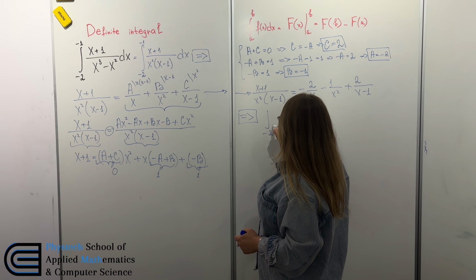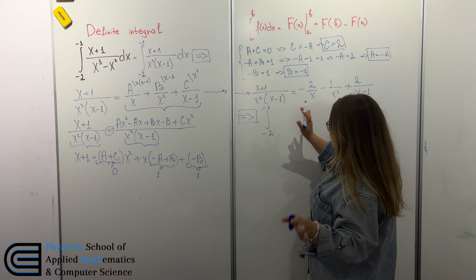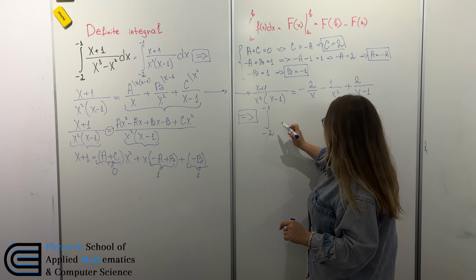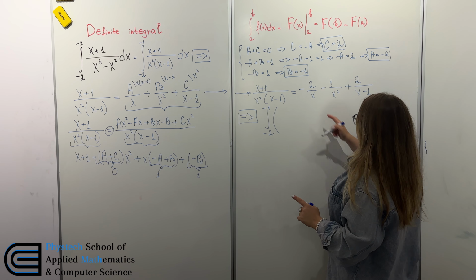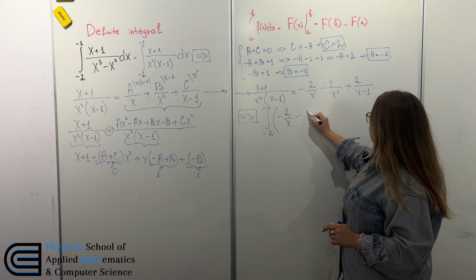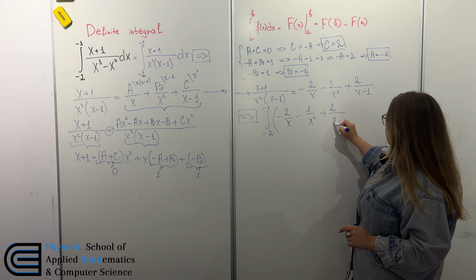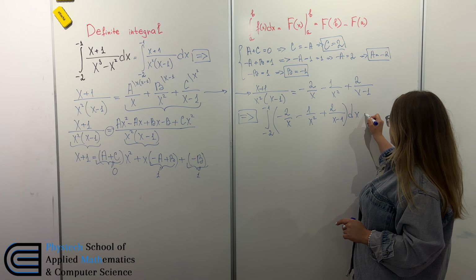So the integral from -2 to -1, I'm sorry, of -2 divided by x, minus 1 divided by x squared, plus 2 divided by x minus 1 dx.